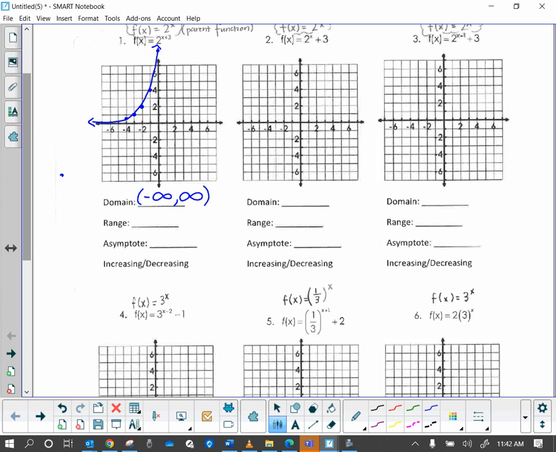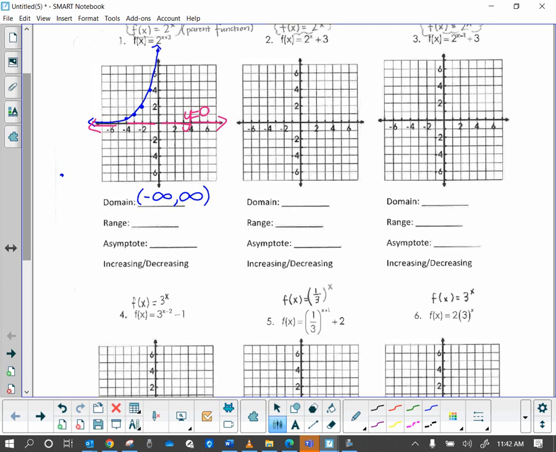I'm just checking. Okay, what is our range? Where do your y values start? No, let's draw the asymptote. What is the equation for that line? Y equals 0. Okay. So your range is always going to start at that asymptote.